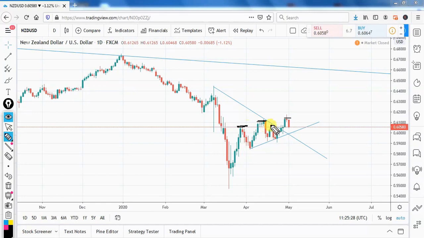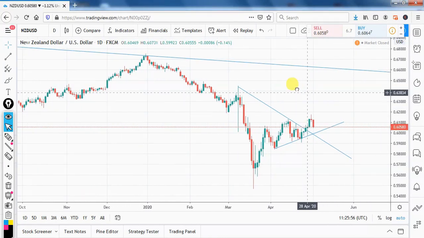The first one was here, and the second one was in here, because price came up and took out this high, and it immediately had a reaction in the opposite direction. When the price does that, it normally tells us that the price is starting to weaken. In this case, of course, we're not sure the price can't shoot up, which is why we probably need to wait a bit more and see what the price wants to do.